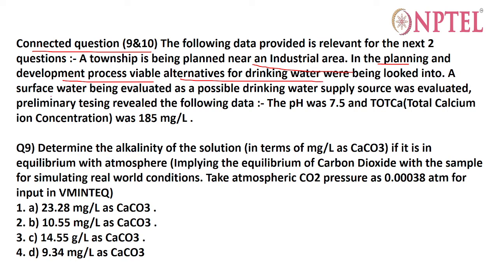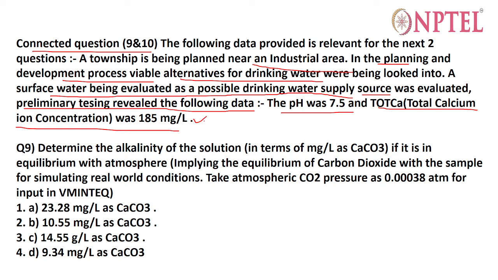And the surface water is being evaluated for a possible drinking water supply source. So preliminary testing says that the pH is 7.5, total calcium ion concentration is 185 mg per liter, right? And then determine the alkalinity of the solution in terms of mg per liter as CaCO3.